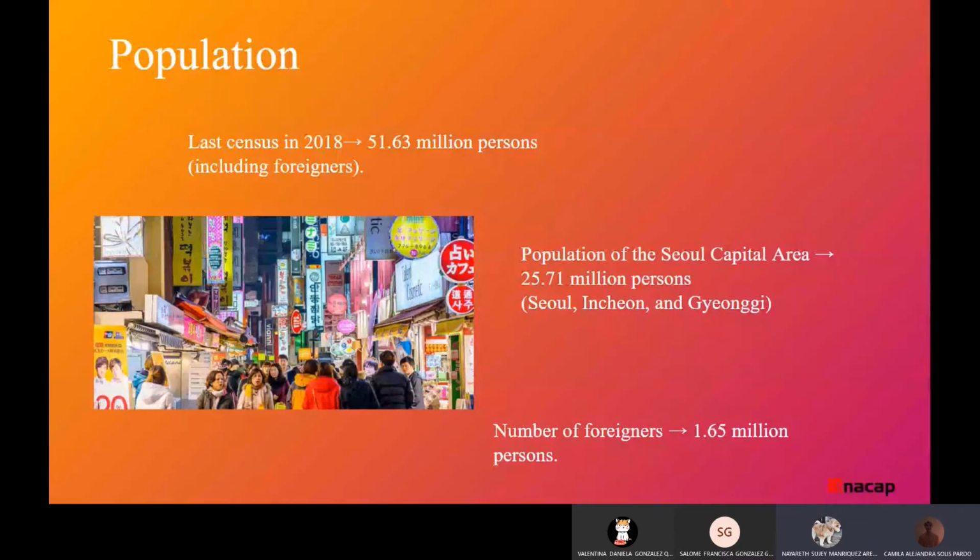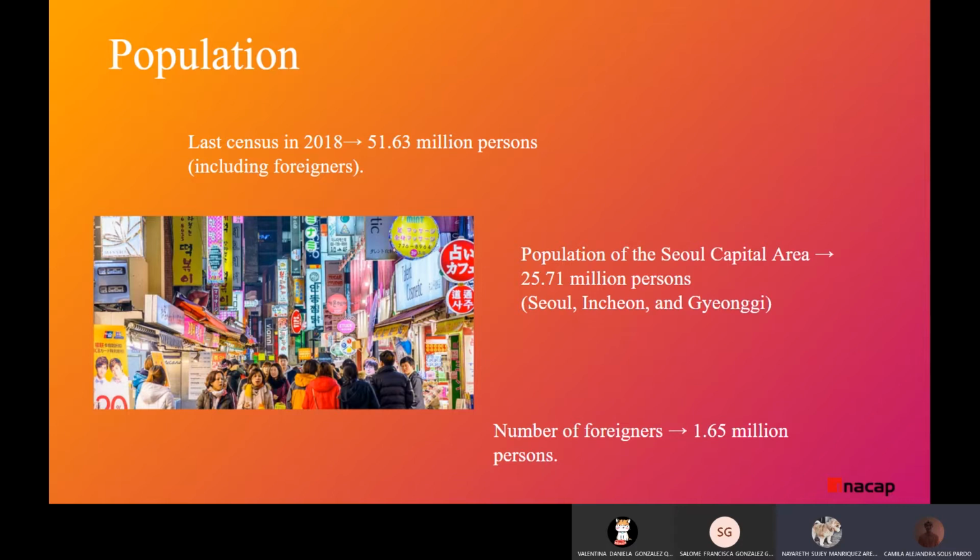About the population, according to the Korea Statistics Center, the last census was in 2018 and corresponds to 51.63 million persons, which increased by 210,000 persons, and the number of foreigners was about 1.65 million persons.